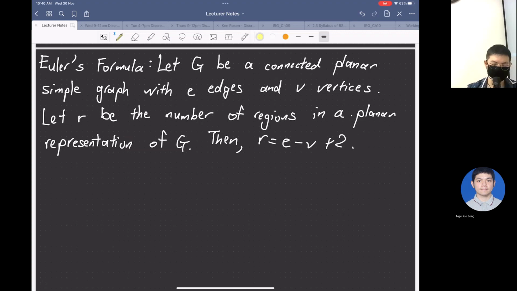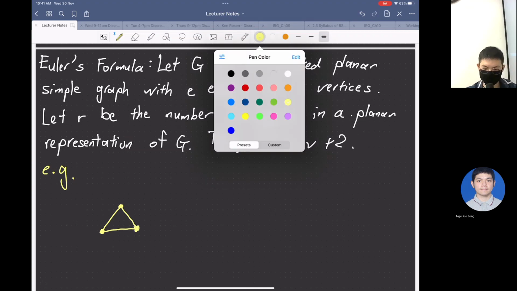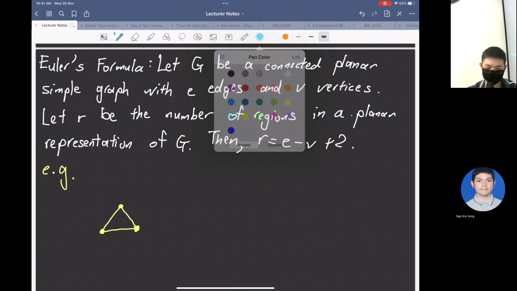So let's draw some examples. What example do you want? I'll give one simple one first, then you give something else. Let's see the triangle. How many regions does the triangle bound?